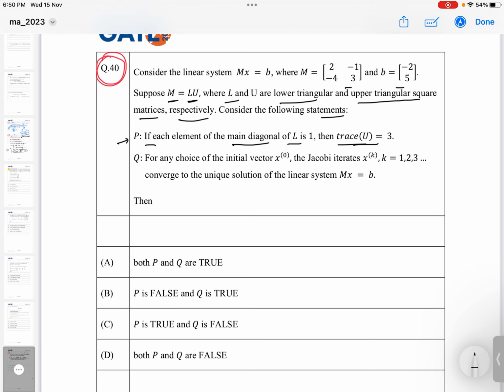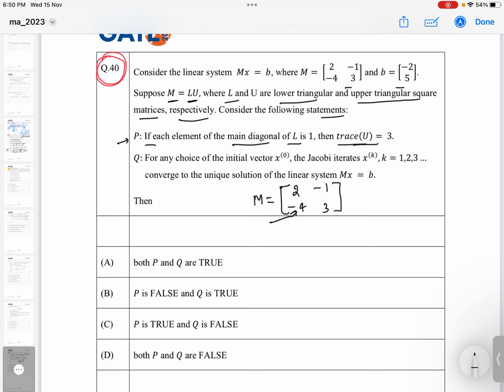So let's simply break down this M into L and U form. How can we do that? M is given, that is 2, -1, -4 and 3. We can apply elimination and knock down this entry to convert it into the upper triangular matrix.